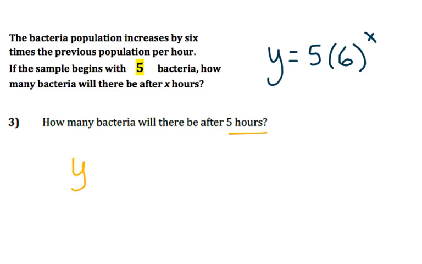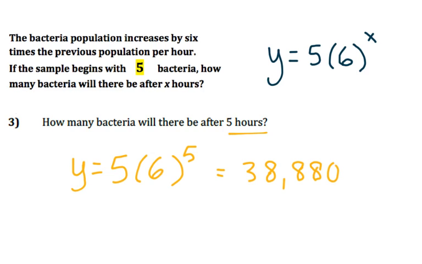So we get y equals 5 times 6 to the 5th power. When we type this into our calculator and round to the nearest whole bacteria, we get 38,880 bacteria.